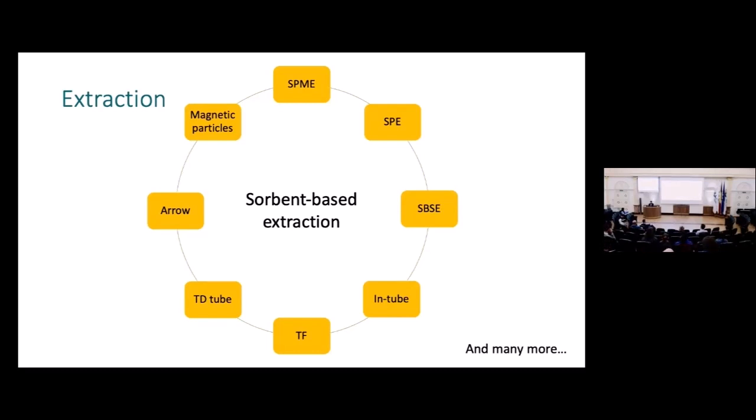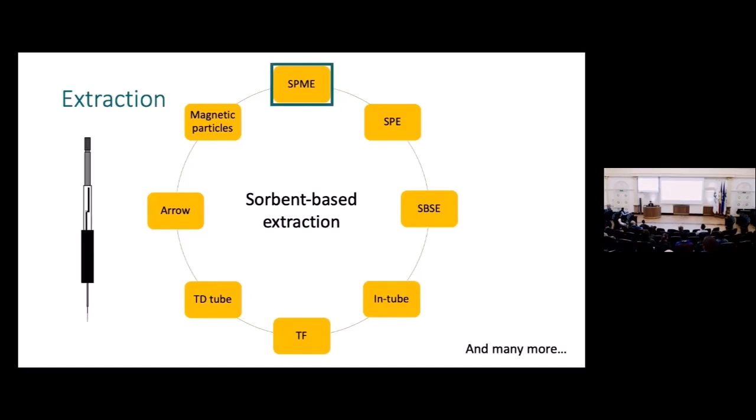They are present in different forms with different advantages and limits. Some are highly automatable, some are less automatable, and some give better recovery for certain compounds, especially polar compounds, where this can be problematic in some cases.